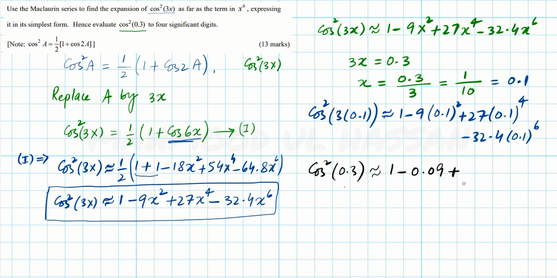So that is going to be 0.0027, and then minus 0.1 to the power 6 multiplied by 32.4. That is going to be 0.0000324.